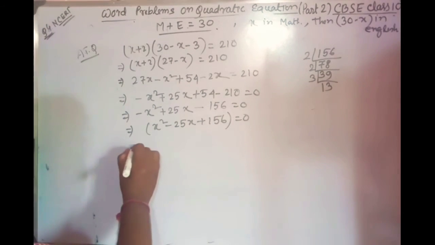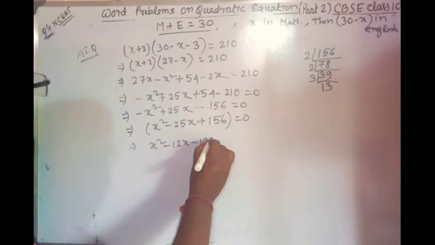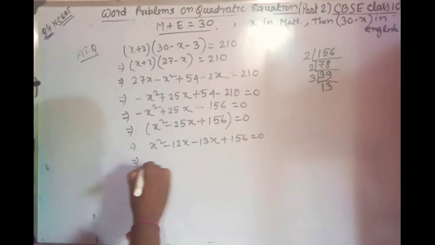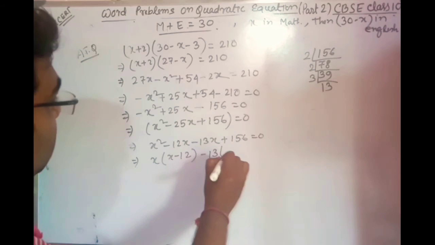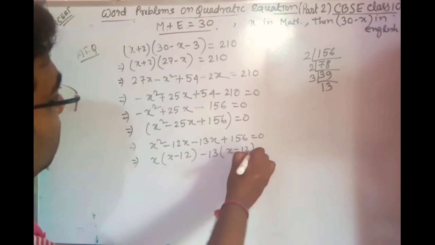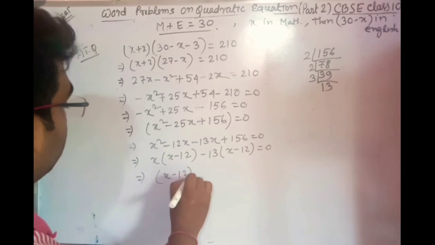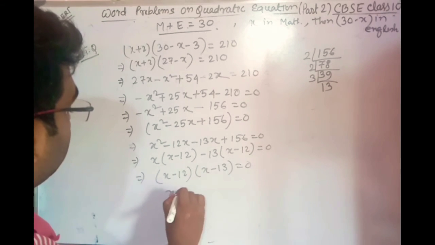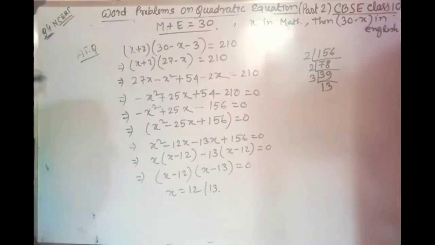This can be broken as x square minus 12x minus 13x plus 156 equals 0. Taking x common, x minus 12, and minus 13 common, x minus 12, equals 0. So x minus 12 times x minus 13 equals 0, so x equals either 12 or 13.